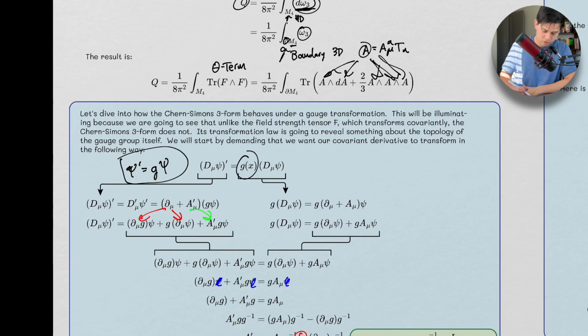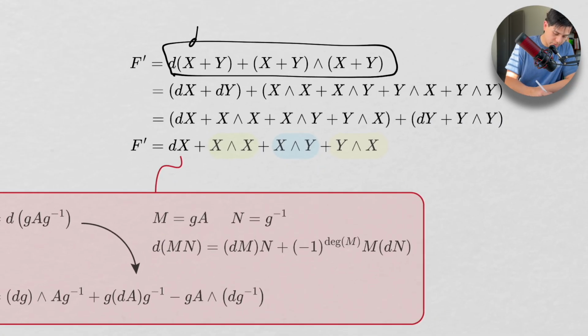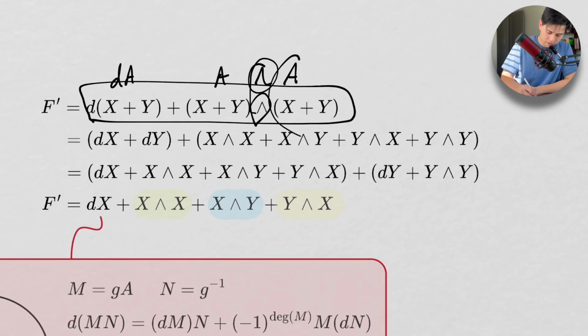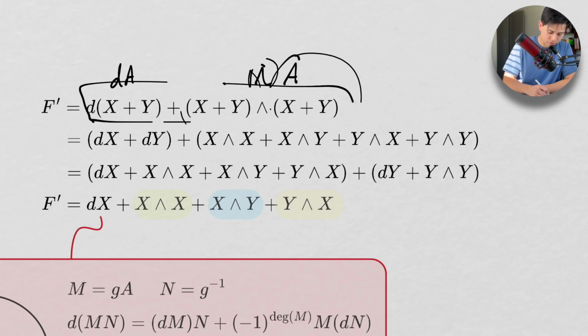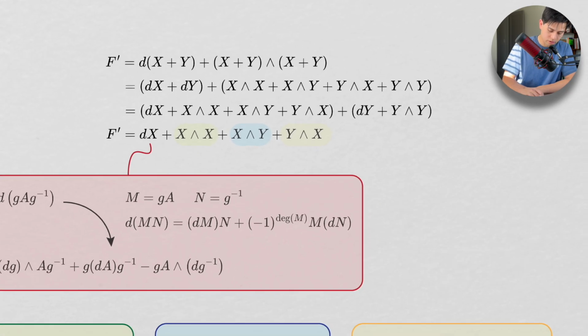This guy, right? We just apply this: dA, and then A wedge A. Here's that wedge, and here's this A, and here's that A. So we're just applying all of this to our newly transformed F, or field strength tensor.